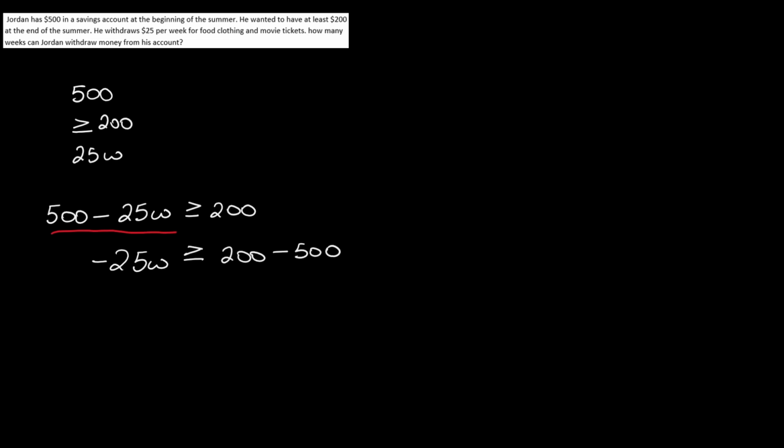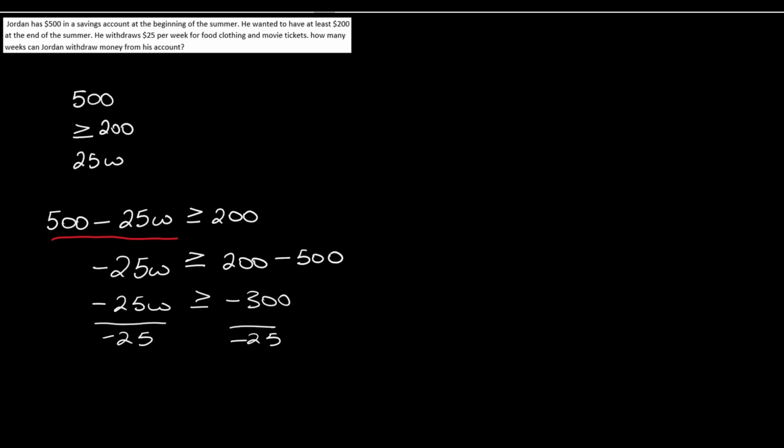Now, this becomes negative 25W is greater than or equal to negative 300. We can then divide each side by negative 25. And so our W would then become less than or equal to 12.